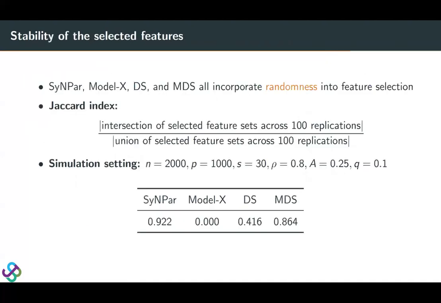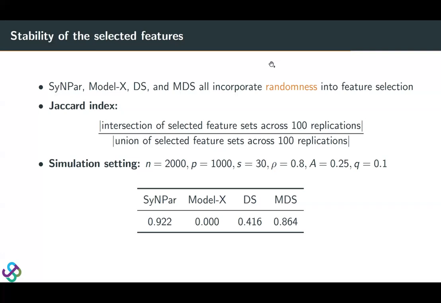Another aspect we consider is the stability of the result. All the procedures, SyNPar, Model X, DS, and MDS, have randomness in their procedures, so we can run them many times. We do 100 runs and compare the intersection size of their selected features versus the union of the selected features.